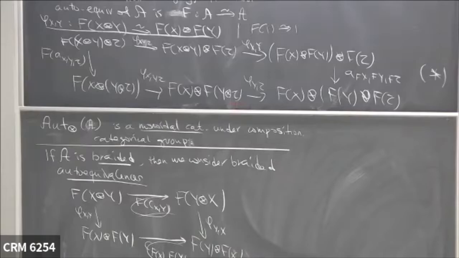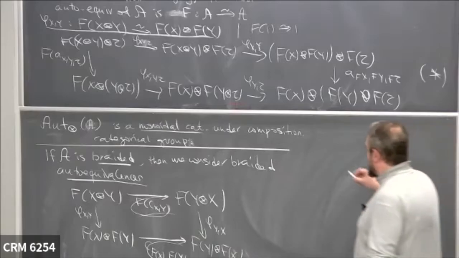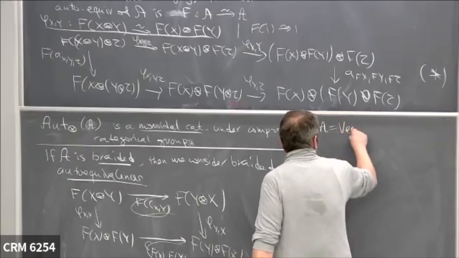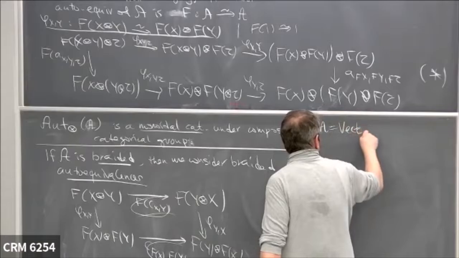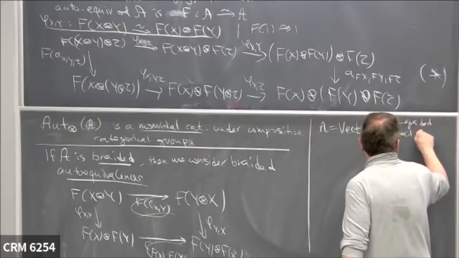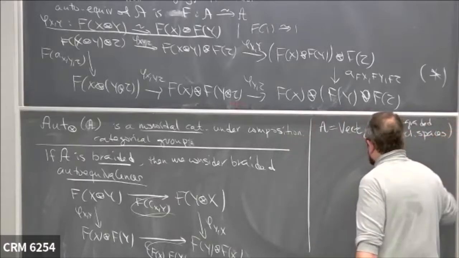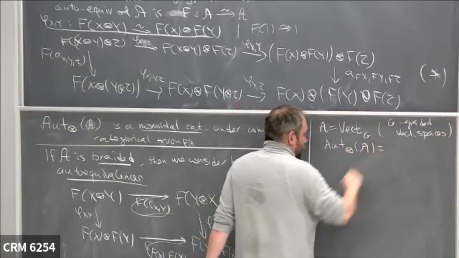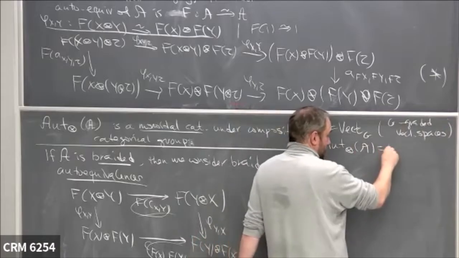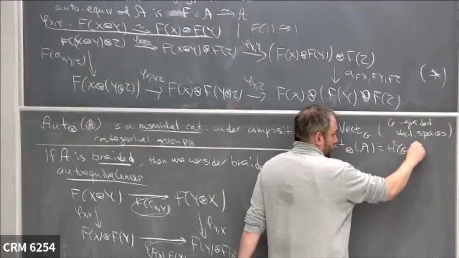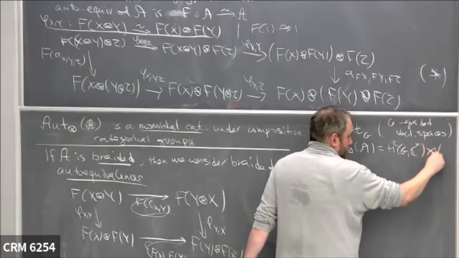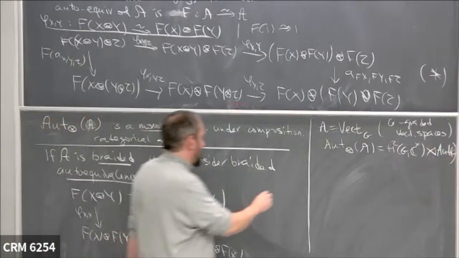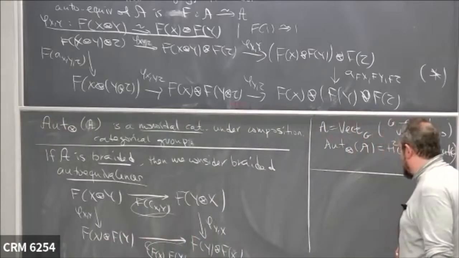Okay, so now these groups can be computed in concrete situations. So for instance, if A is the category of G-graded vector spaces, then the group of tensor autoequivalences of A would be the semi-direct product of the second cohomology, the Schur multiplier, and the group of automorphisms of G. A braided example, let's take a braided category.